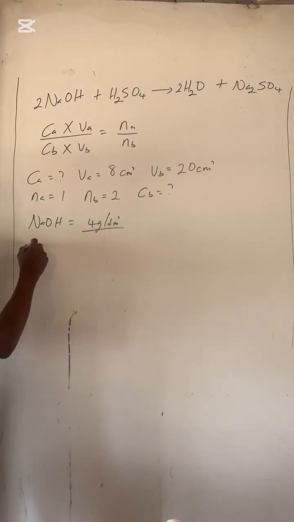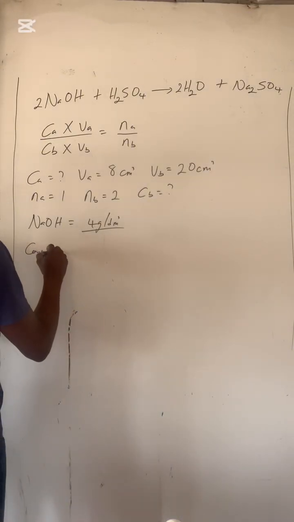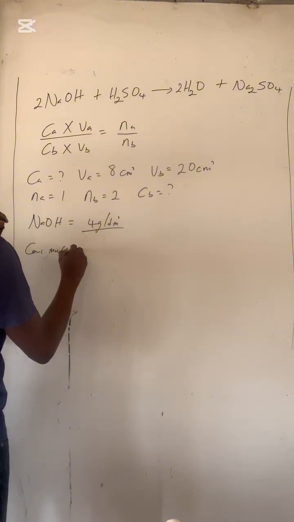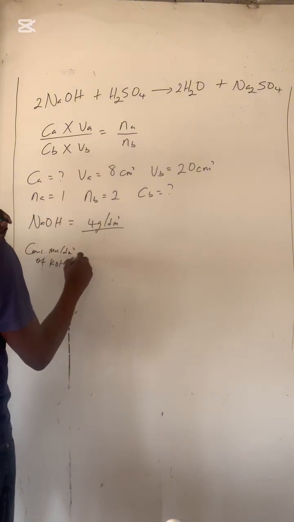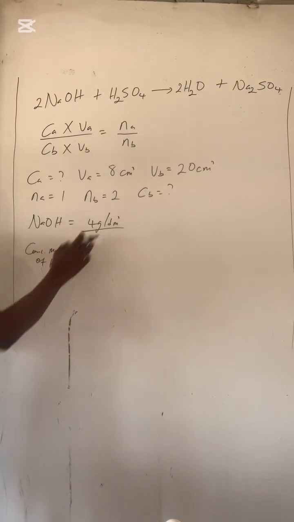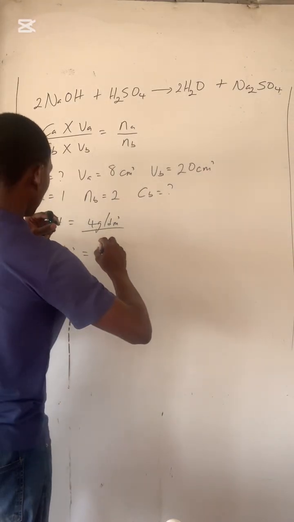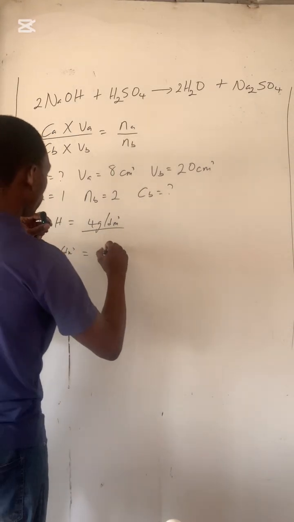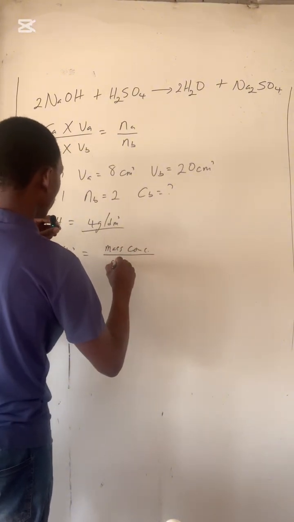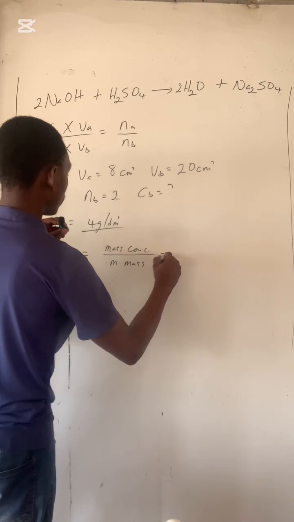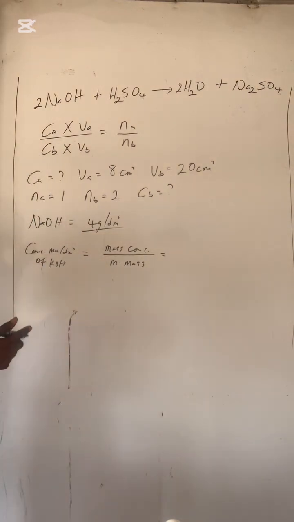Very easy. Now, what is the concentration in mole per dm³, which is the Cb of the base, sodium hydroxide? Using the mass concentration, molar concentration is equal to mass concentration over the molar mass. Now, what's the molar mass of sodium hydroxide?